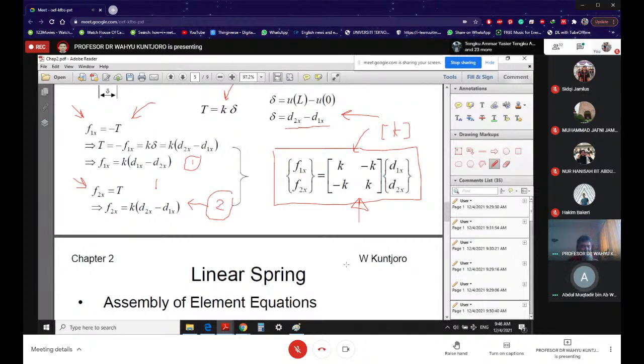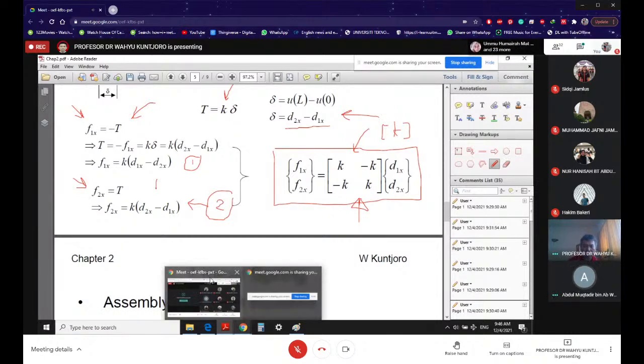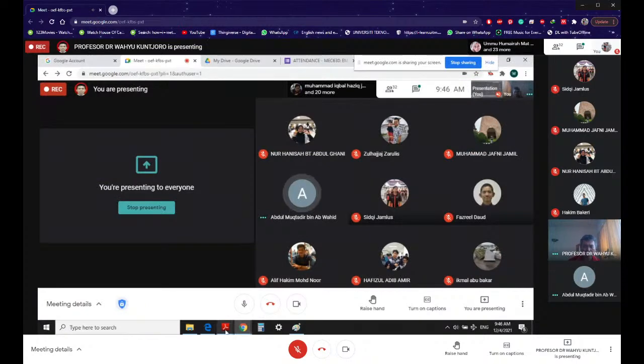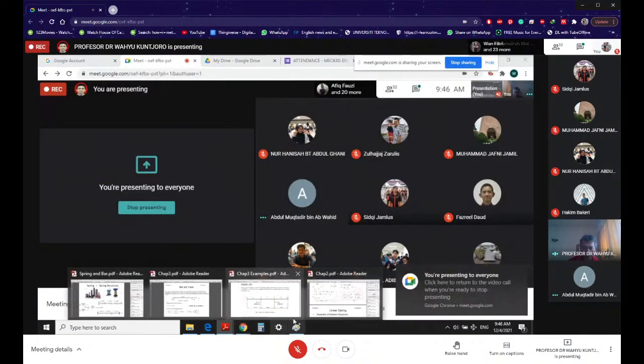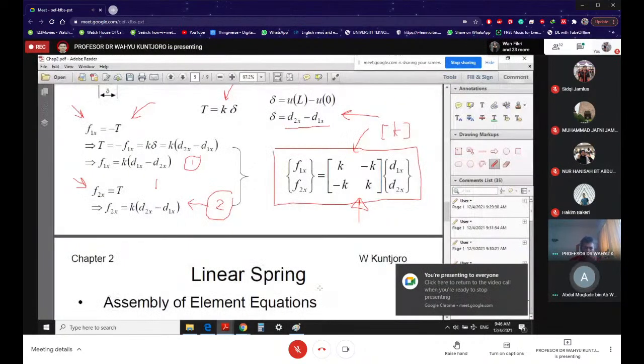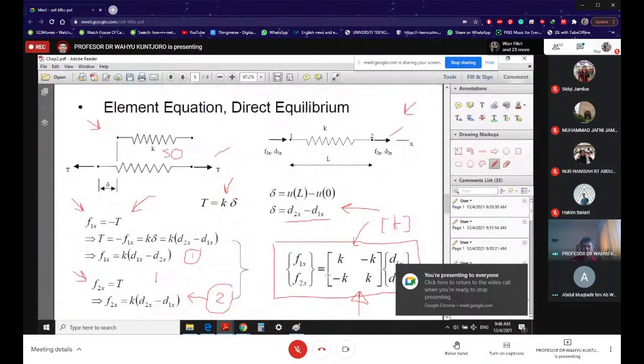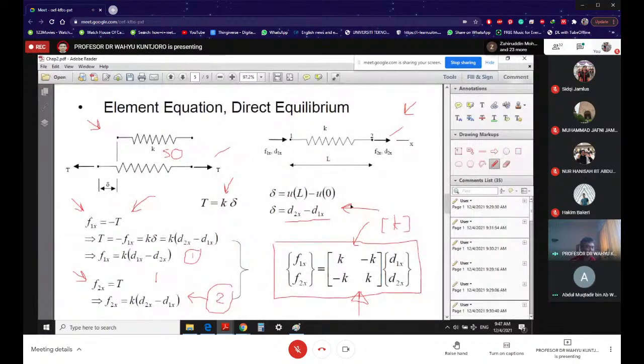One question. Yes, please. On slide number 4, just to clarify, I need to make sure. The prof said that the left side is a simple physics spring question, right?